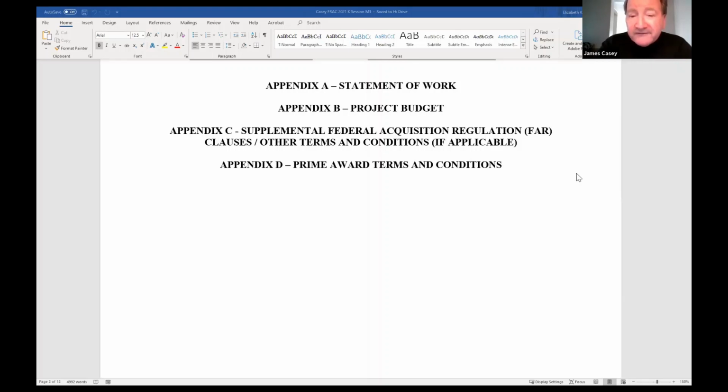The only issue I've ever seen with some of this in my career is that you're not getting all the complete documents. If you get from the prime what appears to be incomplete documents, you always need to go back and make sure you get the rest of it. And so with that, we're done with the contract, and I'm happy to answer questions in the time remaining.